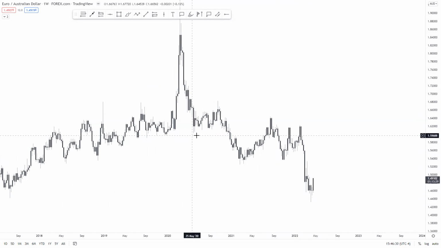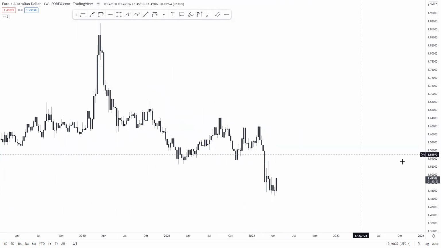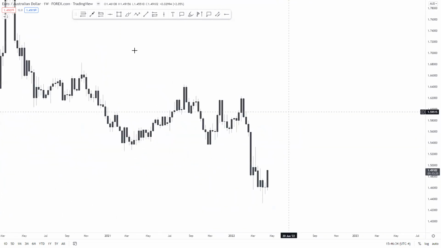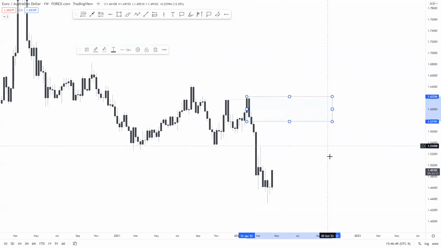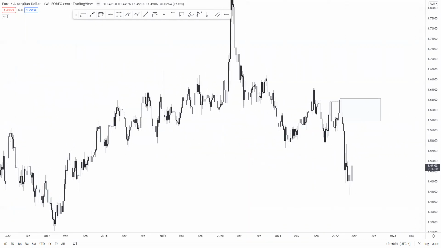Now, we do have a lot of inefficiency up here. We also have a run on this high. So we ran this high, have an unmitigated buy to sell with this candle here that we will most likely trade into.